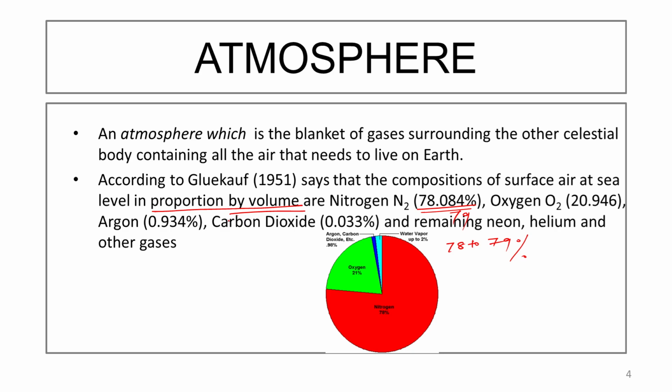They know some percentage, but in GATE they will ask you by volume, by density, by mass, and all of the above. So this is a very key point to remember. The composition of nitrogen is 78 to 79, oxygen is near about 21, then argon, then carbon dioxide, then the remaining other gases.